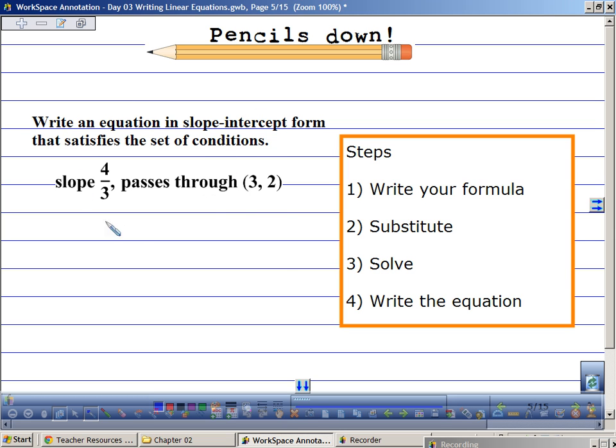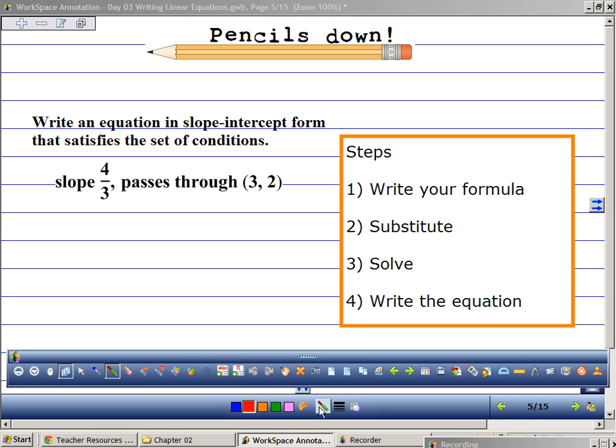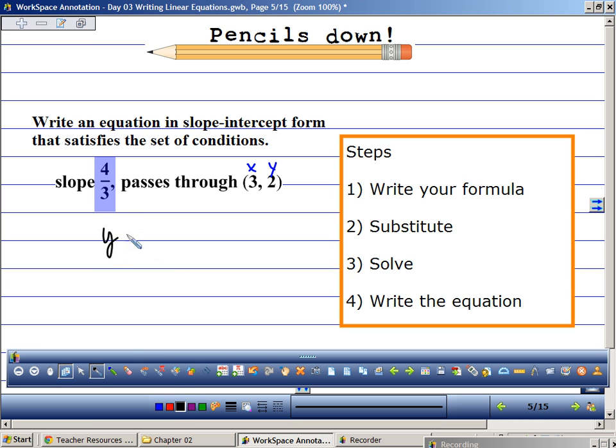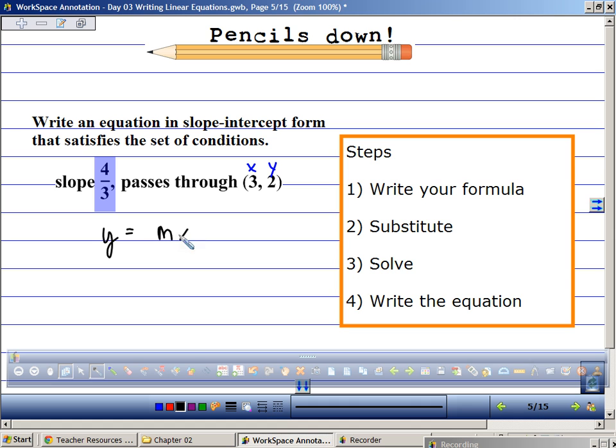So I have a slope, so let's use y equals mx plus b. Let me see exactly how I copied this. So here's my slope. And here's x and y. So slope-intercept form is y equals mx plus b.